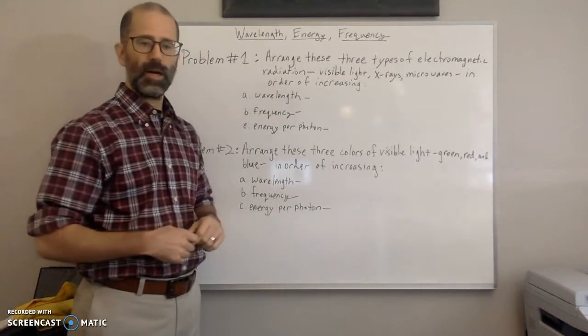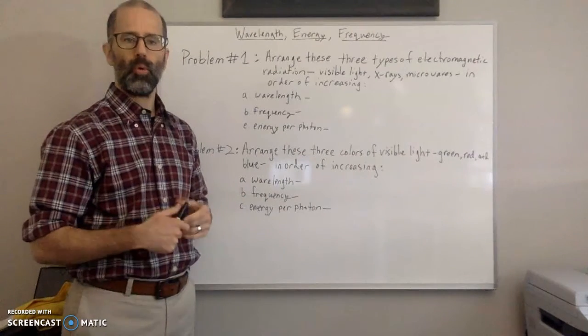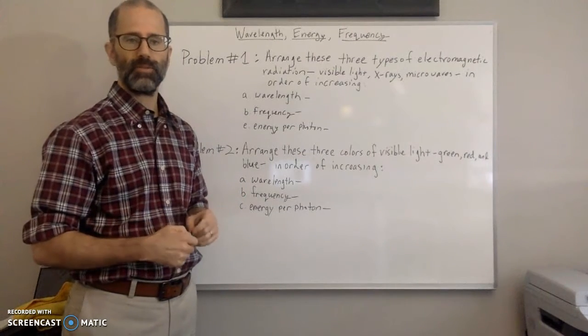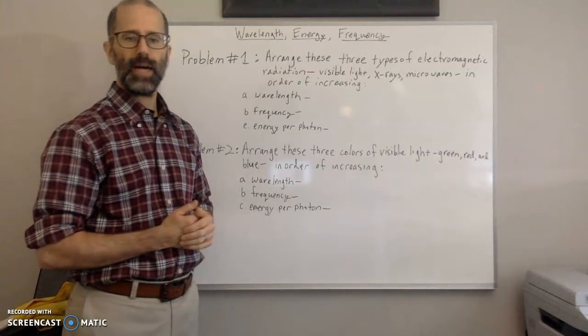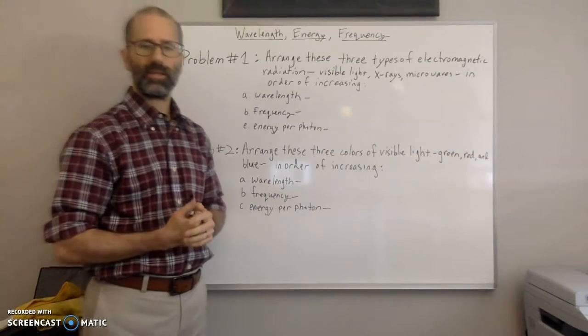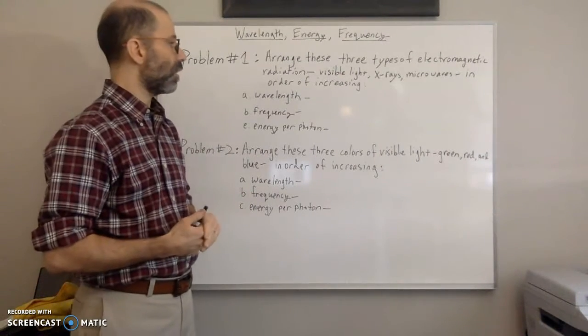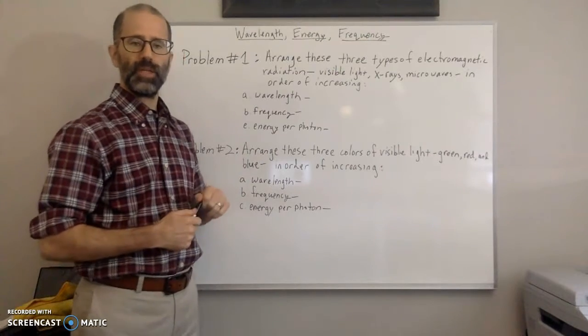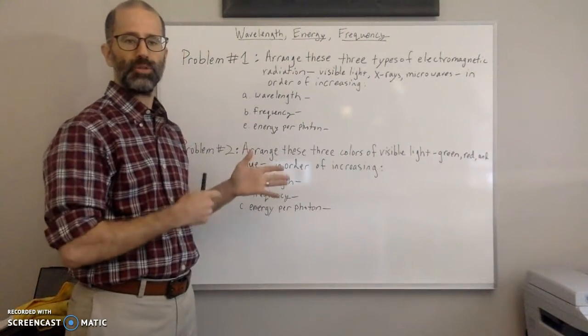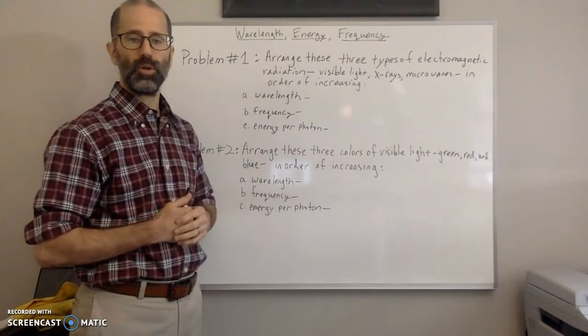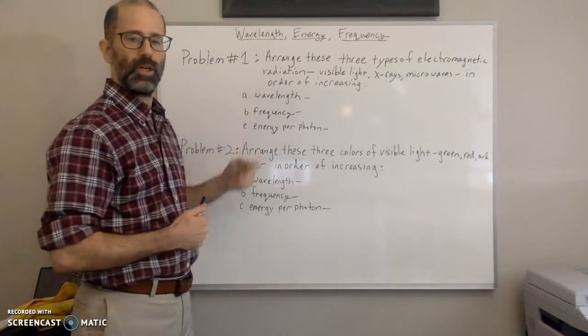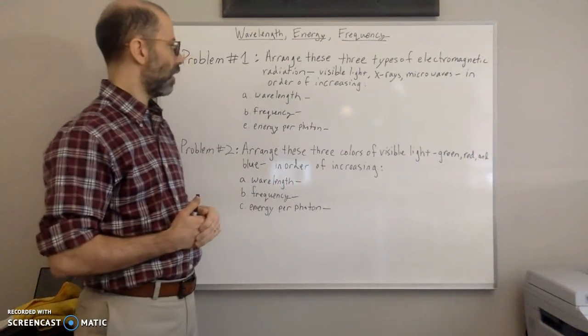First thing is you just need to know the order of the different kinds of electromagnetic radiation. That is not something that's going to be given to you on a test or anything like that usually. But it's good if you know the order, because if you know the order according to increasing wavelength or increasing energy, then you can figure out the order with regard to the rest of these.